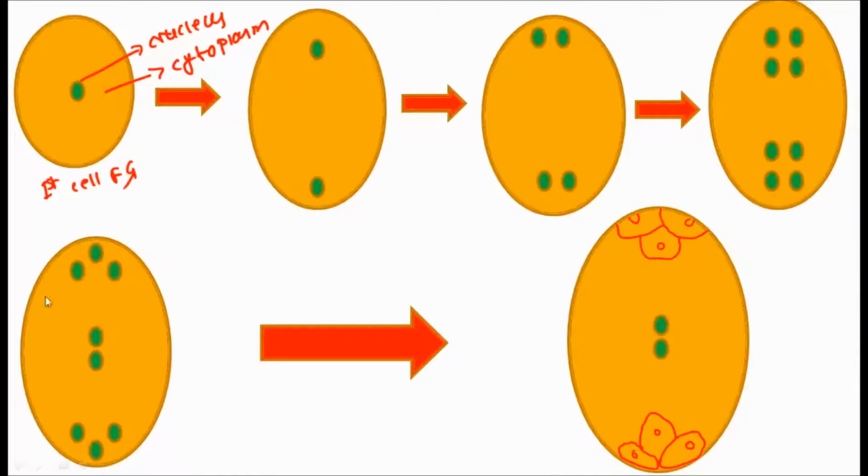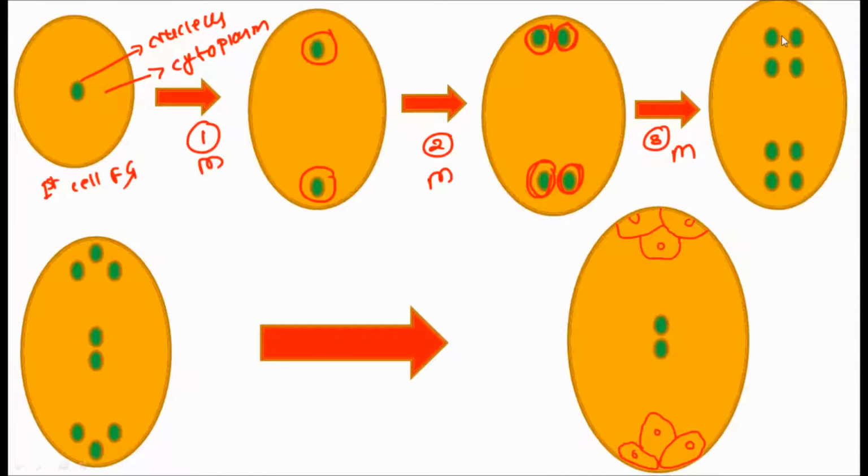You can see here, this is the first mitotic division, this is the second mitotic division, and this is the third mitotic division. The first mitotic division results in the formation of two nuclei, and in the second mitotic division, the two nuclei are converted into four nuclei, as you can see in this diagram.